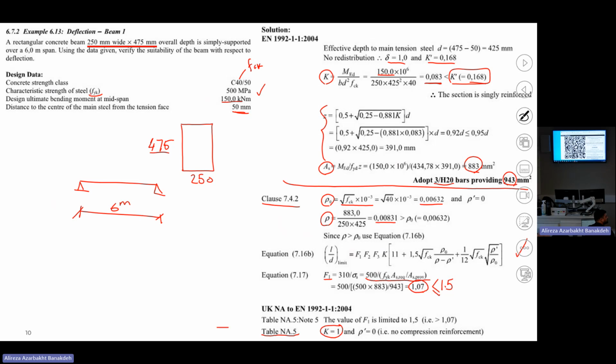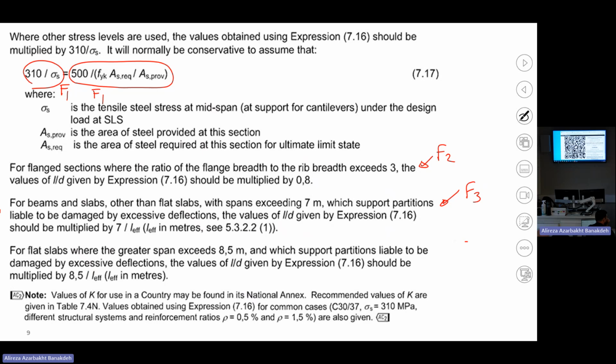F2, F3 are 1 because, I will tell you, when they are not 1. But here, both of them are 1. F2 says, if you have a flange section, it means you have a beam like this. This is web, this is flange.